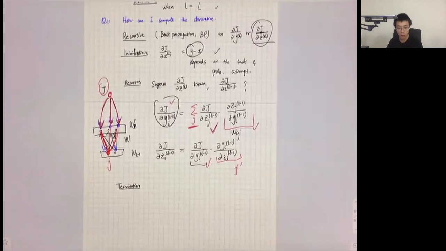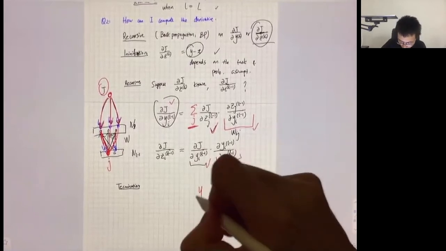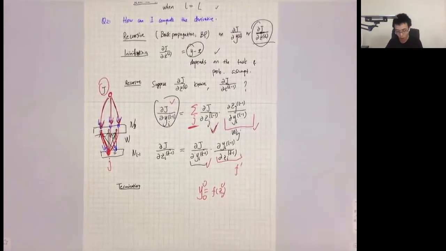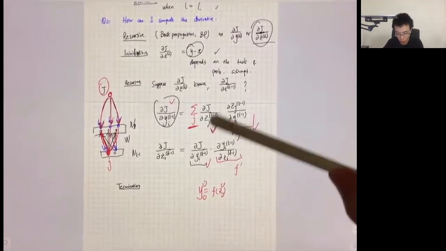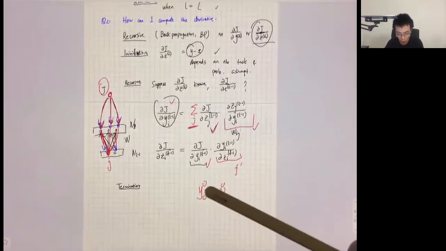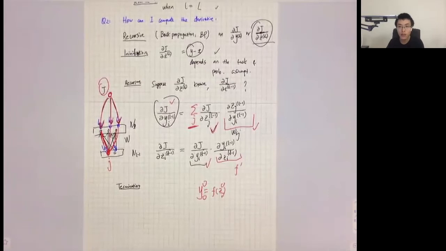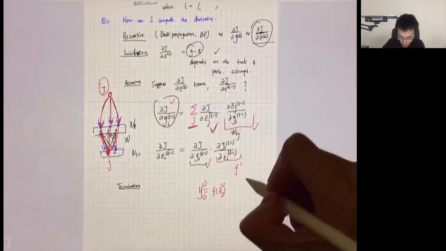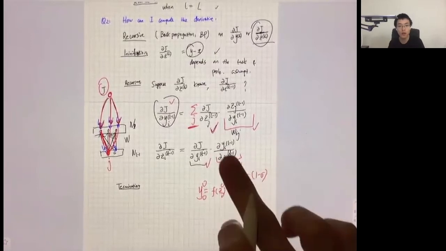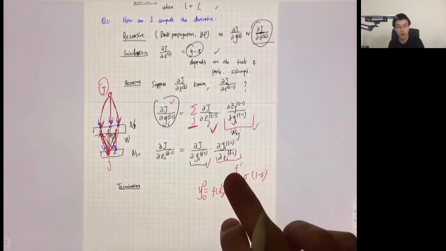Okay, because we know y is f of z, for some superscript, subscript. Then if you consider the partial derivative of y with respect to z, it's just the derivative of f at that point. Okay, so this is f prime. And for the sigmoid function, it's just the sigma 1 minus sigma. For different functions, you just compute the partial derivative of the activation function by itself.